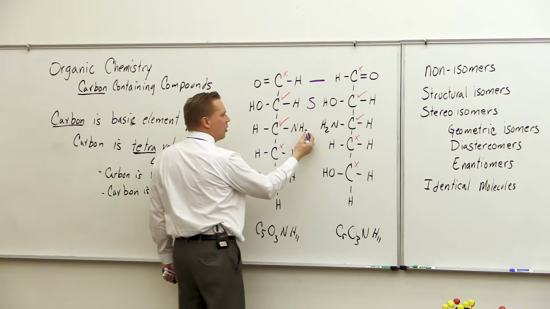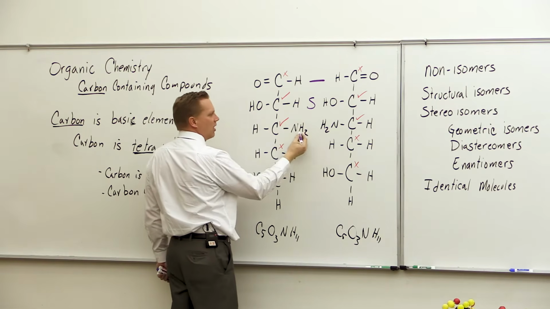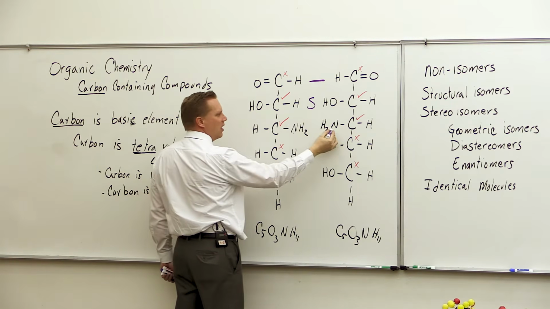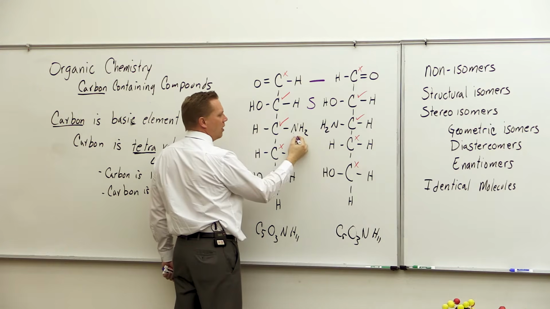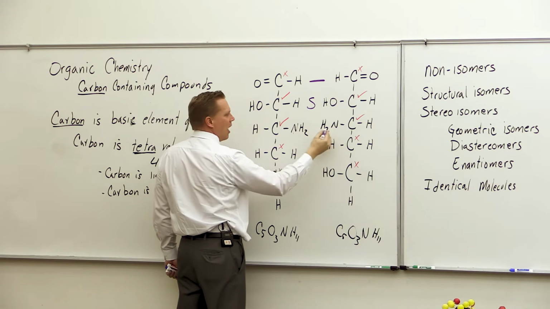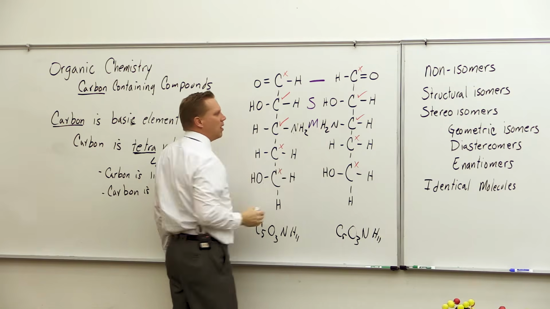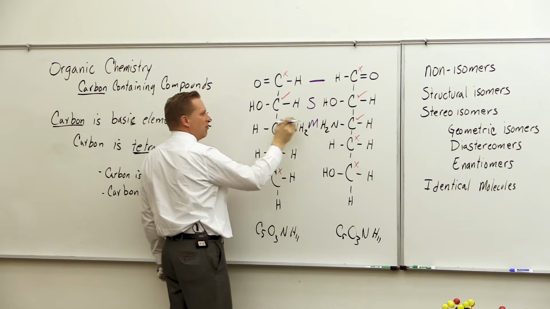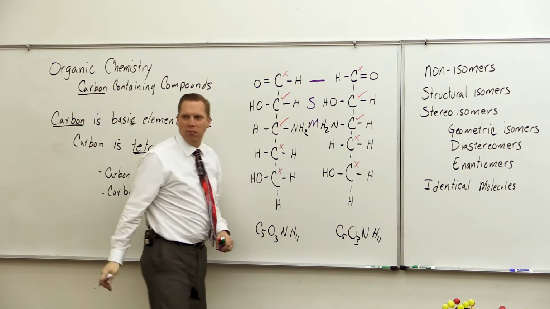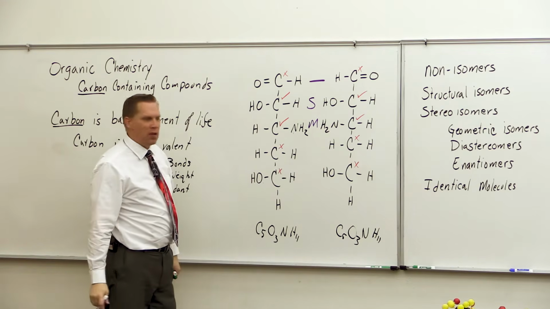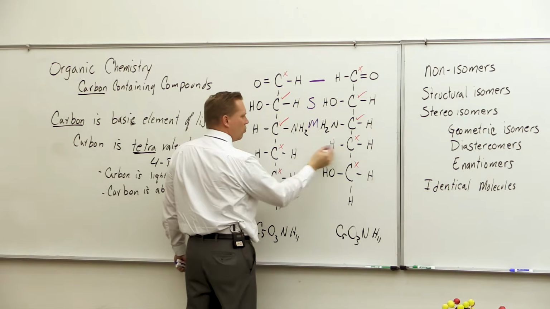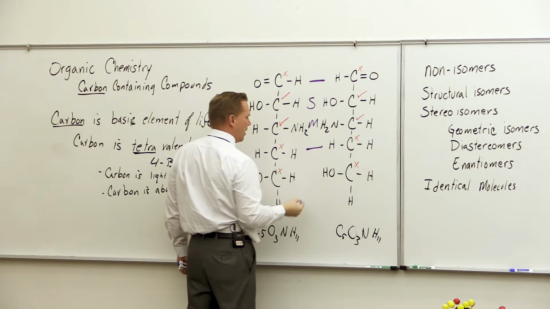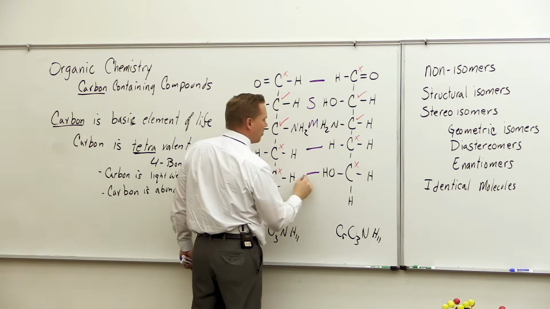Now, what does a mirrored look like? Well, mirrored would look like this. Notice I have the nitrogen on this side. Here it's on the right, and here it's on the left of that carbon. This would be a mirrored orientation. If I had a mirror right here, then the nitrogen would be mirrored, and the hydrogens far away would be mirrored on each other. This one, not asymmetric, no one cares. This one, not asymmetric, no one cares.